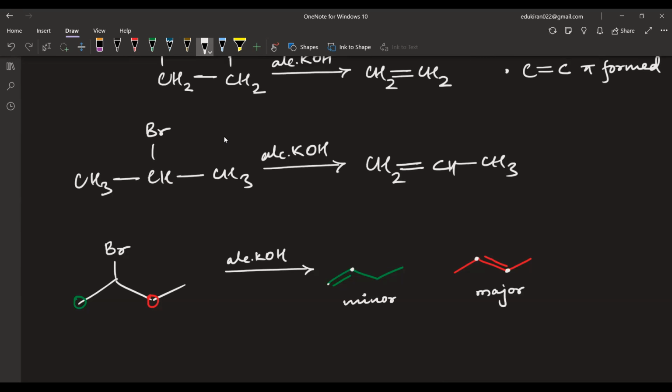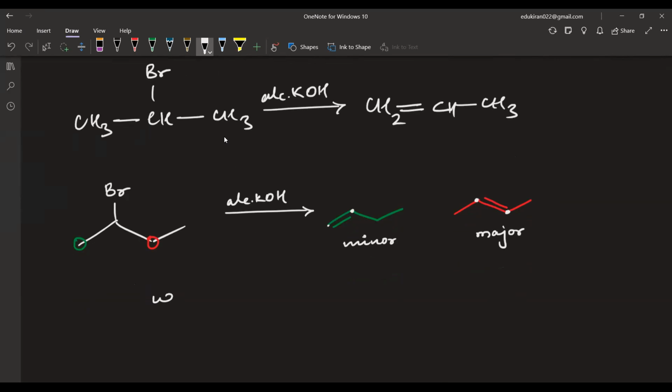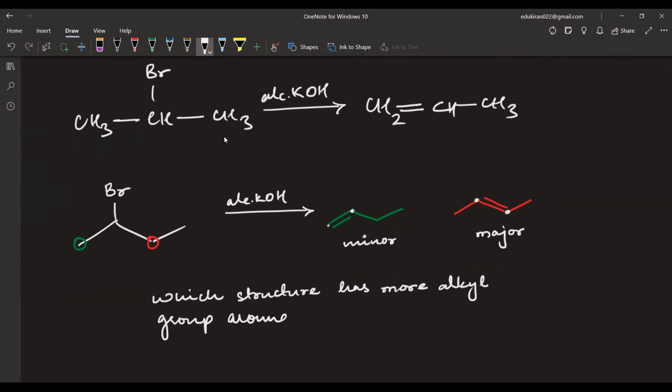So at this end, what you have to see is which structure has more alkyl groups around the C double bond C. You will make both of them. Which structure has more alkyl groups? The answer to this will be the major product.